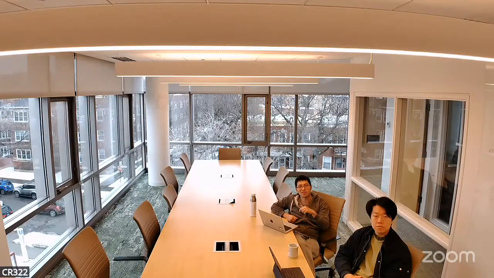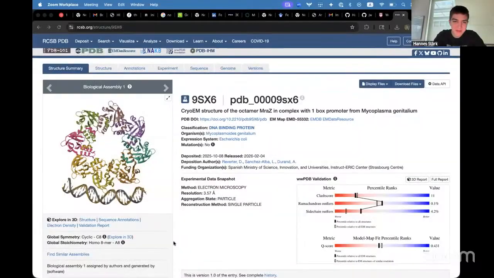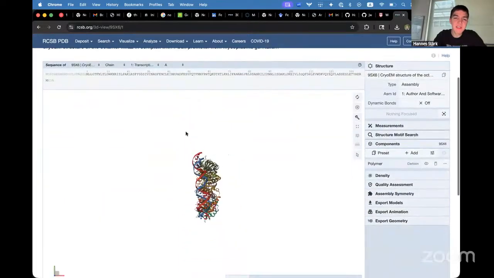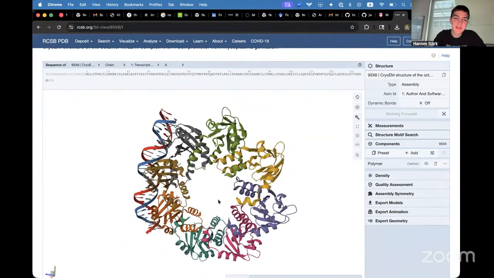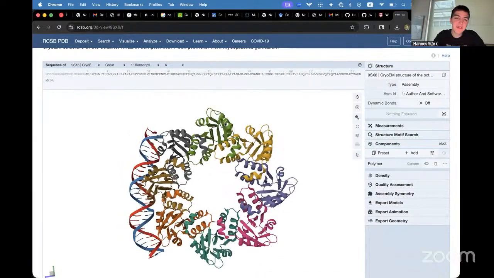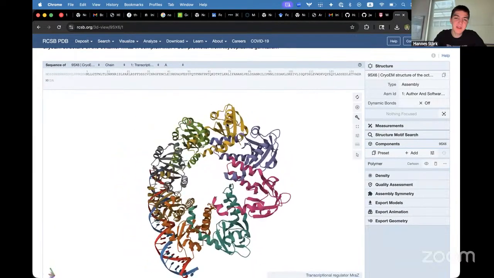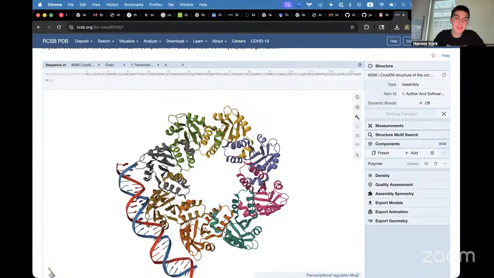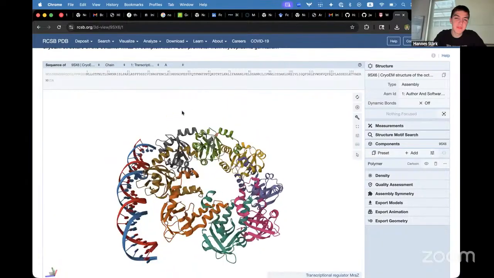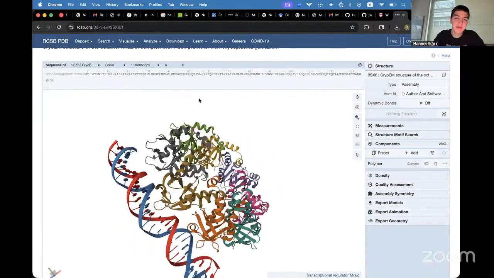Yeah, we can just flip through here a little bit. Here we are looking at this database, PDB, and there you can see a standard structure. It has a protein chain bound to another protein chain, and there we would learn about these binary interactions.